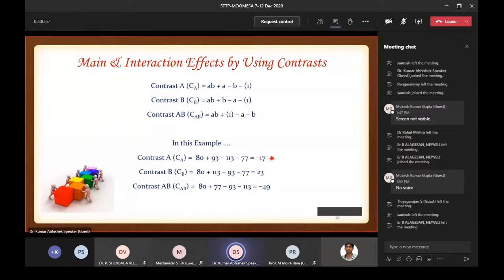Here it will be negative, and here it is positive, and this is negative. If either factor is negative, definitely its contrast or interaction effect is also negative.